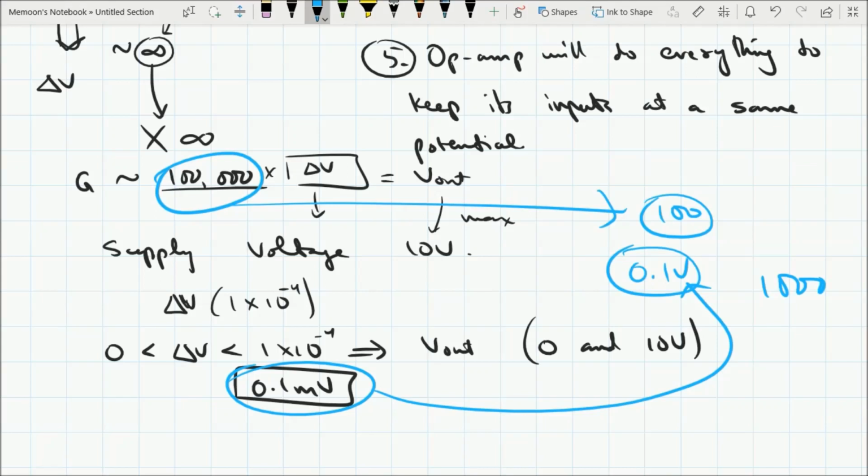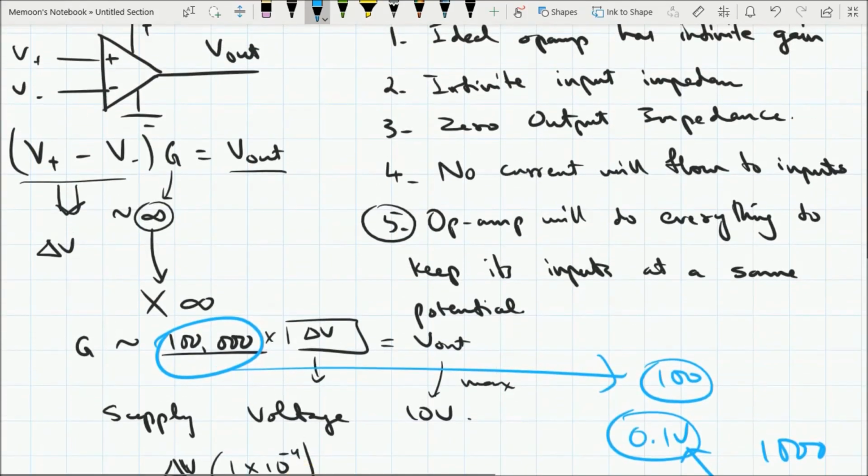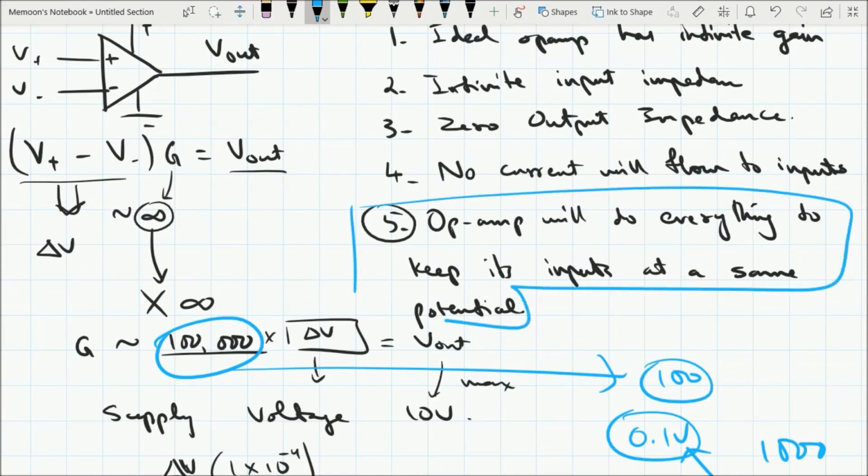The next question would be, we will use rule number 5, and we will use a feedback with this operational amplifier, a positive feedback or negative feedback or whatever. We will see what will happen if we connect the input and the output through some feedback component.